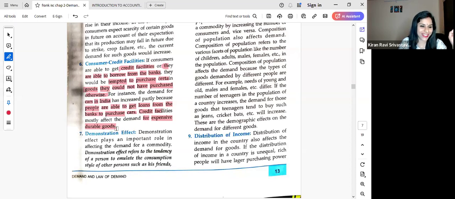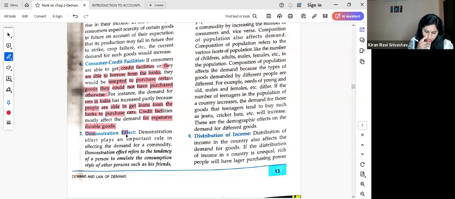We don't do that, right? But for expensive mobile phones, or when you go for education immediately after your 12th or after graduation, banks, based on your marks, will finance you to study, to buy laptops, to buy books, all that on credit facility. Now the next is the demonstration effect.